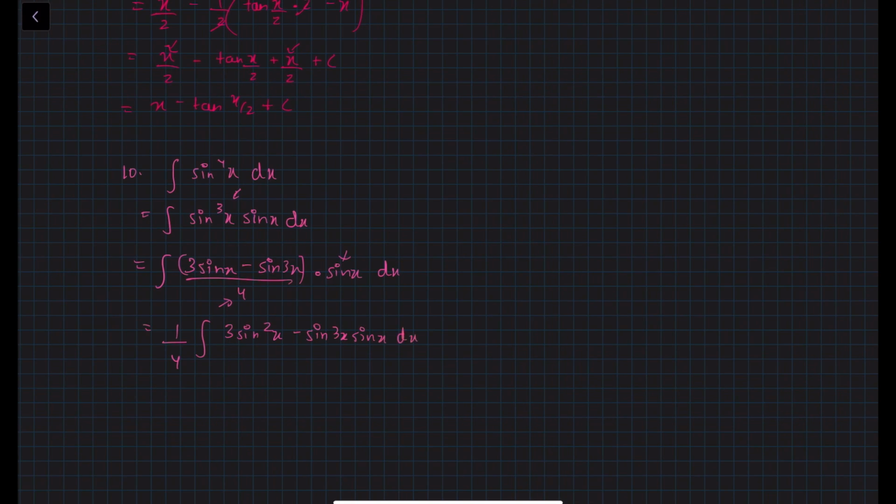And we're gonna split the integral and use the cosine 2x formula again. So I'm just gonna take this 3 outside since we're splitting the integral. Yeah, that becomes a sine squared x. So sine squared x is of course equal to 1 minus cosine 2x over 2. So I'm just gonna write that 1 minus cosine 2x over 2 dx, and that becomes a 1 by 4.